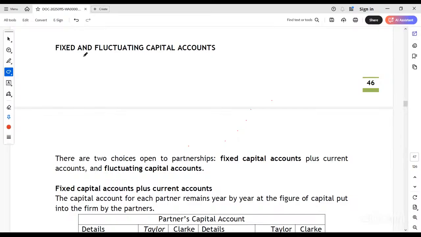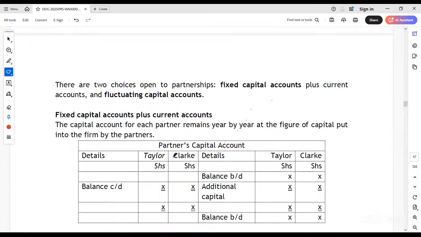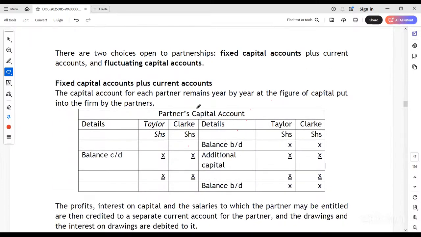We have what we call the fixed and the fluctuating capital accounts. I'm going to explain these two accounts. Now, there are two choices open to partnerships. One choice is the fixed capital account plus a current account, and the other choice is the fluctuating capital account.